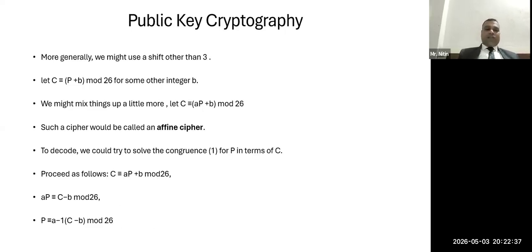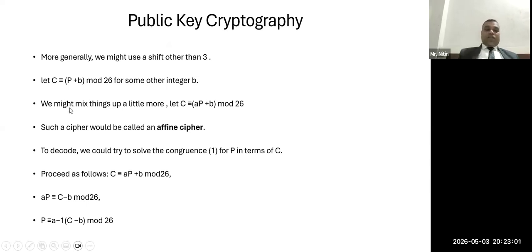Now, in general, how will it be represented? We might use a shift other than 3. Yes. So other than 3, we can use a general letter also, right? By a general letter, we are able to represent this. So let's see, C congruent to P plus b mod 26 for some other integer b.